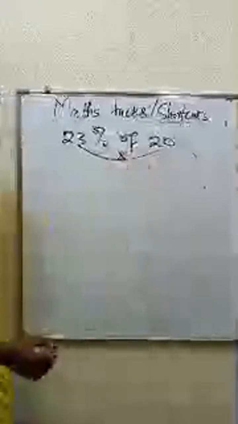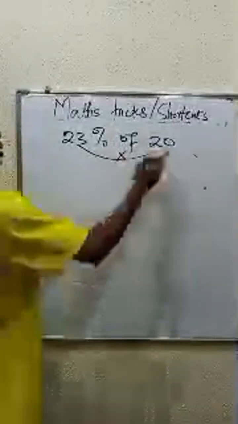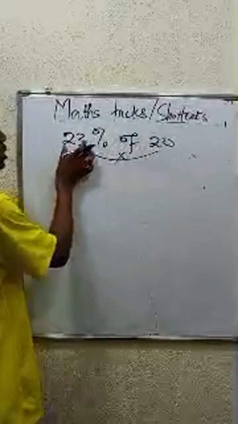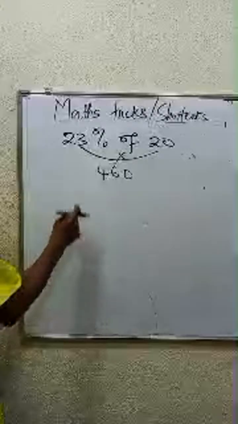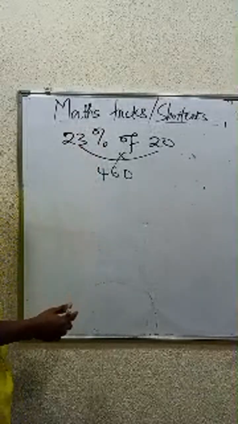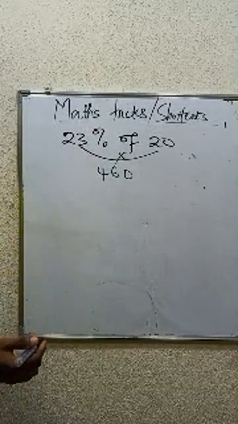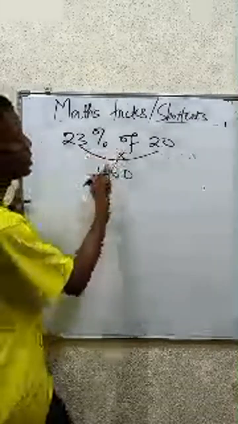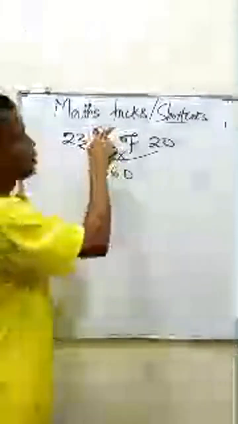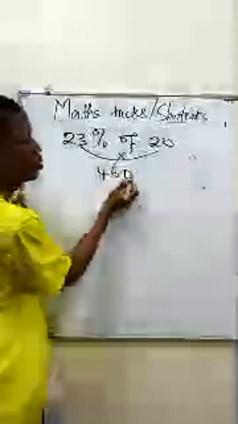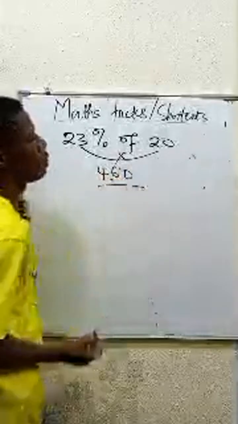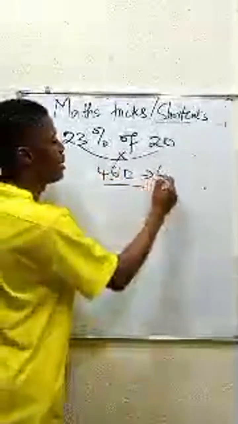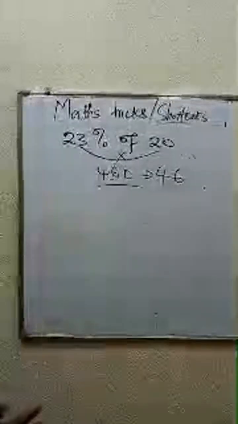You multiply the two numbers, 23 times 20, which is basically doubling 230, and that gives you 460. Since percent requires a division by 100, you shift the decimal twice. So you have 4.60, which is also 4.6. That's the answer. Check it anywhere, the answer is still correct.